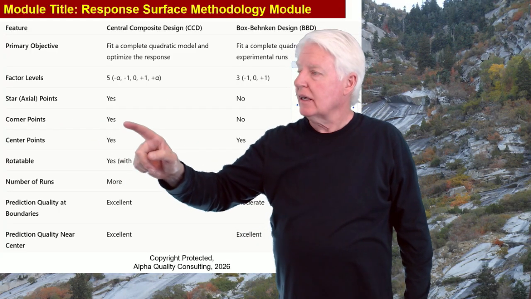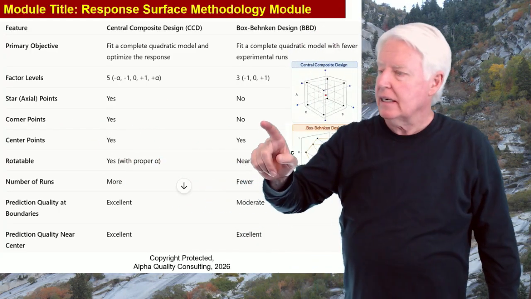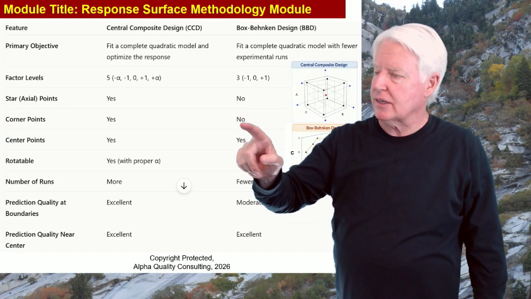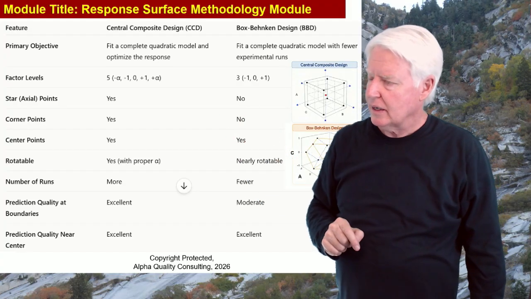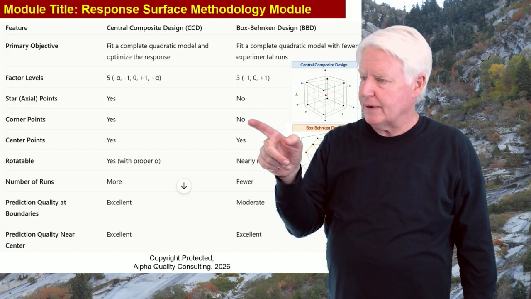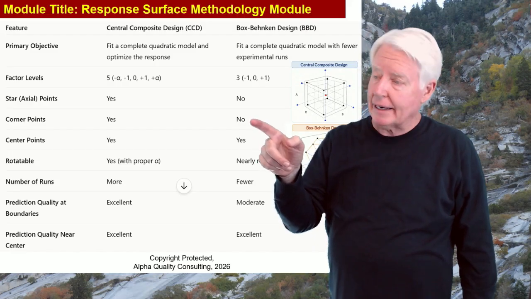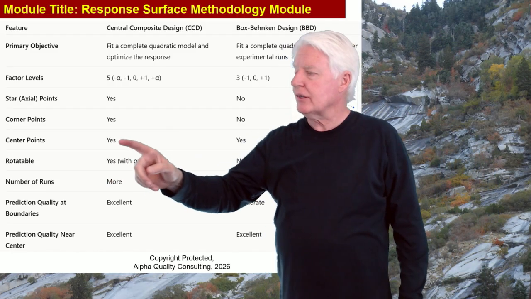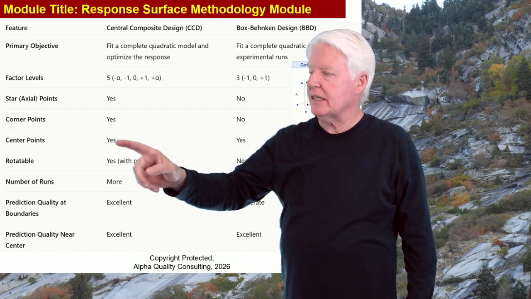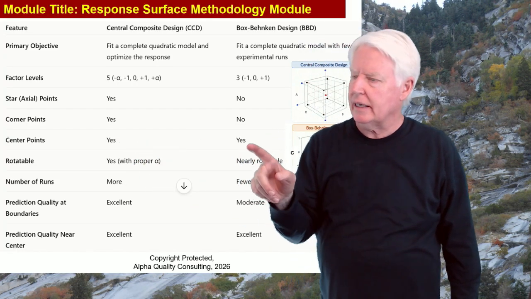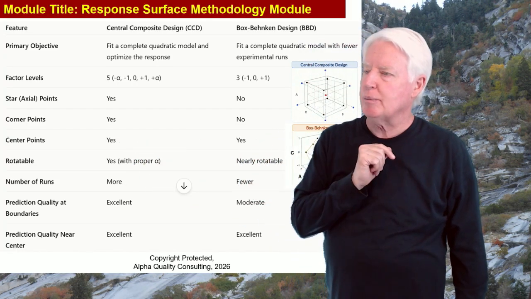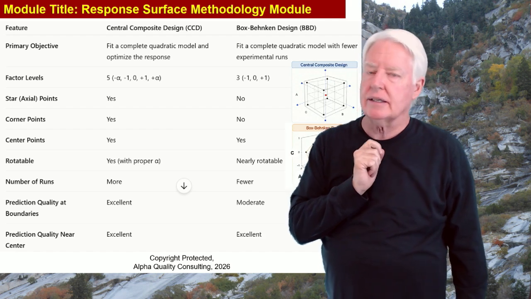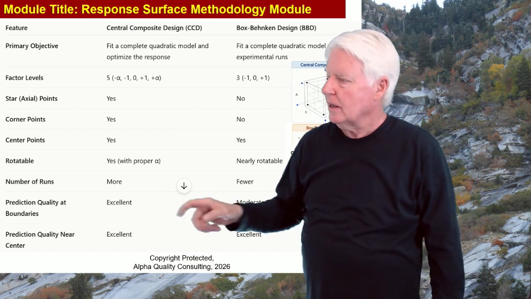Corner points, yes, we have them in the CCD. No, here. And sometimes that's an advantage, not doing corner points, because sometimes it's a safety concern. Sometimes it's a financial concern, those types of things. Center points, yes, we have center points in the CCD, Central Composite Design. And yes, we have center points in the Box Behnken Design, or BBD, also.